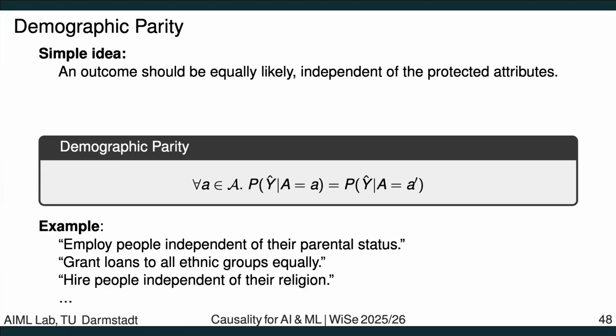So maybe I take all my data, and so for applicants, I just give the parental status or whatever into my model, but then I maybe duplicate all the data and I flip their parental status.